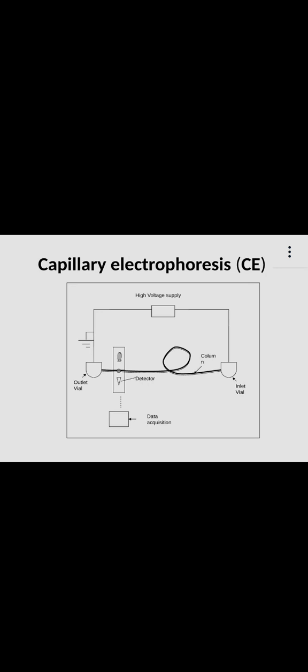So it's very similar to HPLC that we discussed already. It is also a sensitive technique and can be used to analyze very small samples.